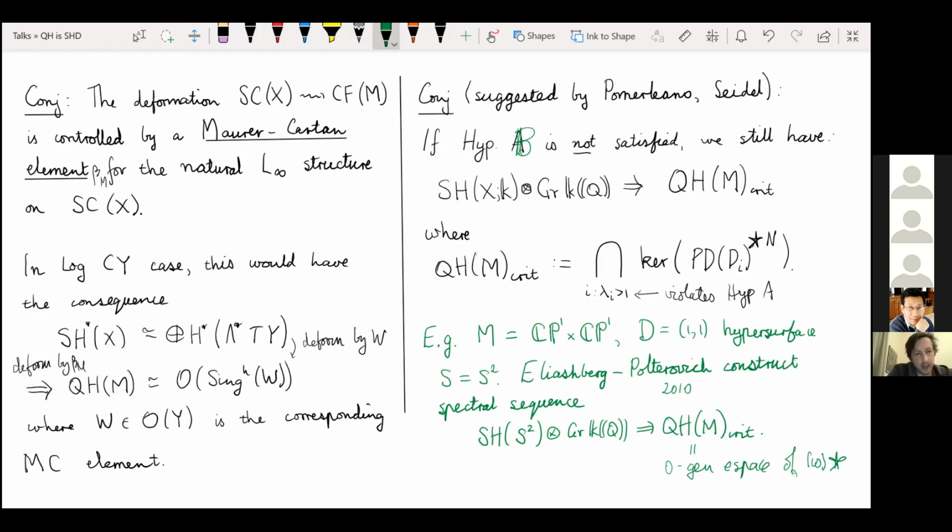And for grading reasons, that Maurer-Cartan element can only be a function on Y. It can't be any more complicated polyvector field.